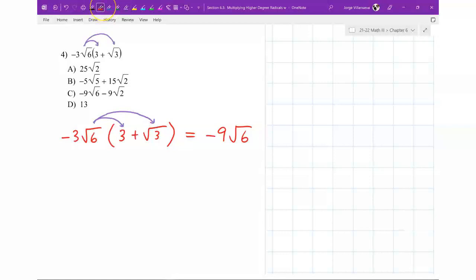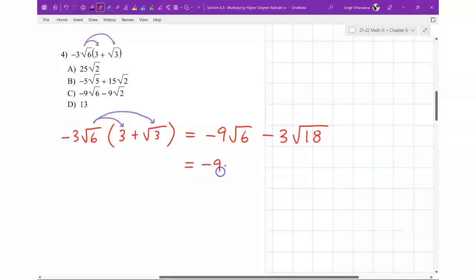In that case, the radicals multiply. So it's going to be negative 3 radical 18, right? 6 times 3 on the inside of the radicals. Now, can we break up 6 into two numbers that have a nice square root? No, right? It's just 2 times 3. Those don't have square roots. 1 and 6 don't have square roots. And 18 we can, though.